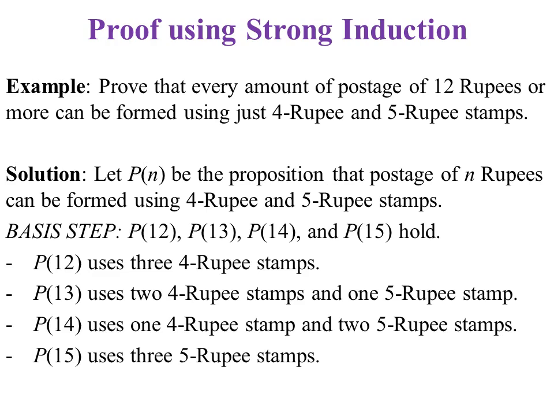Finally, 20 rupees you can form either using 4 5 rupee stamps or 5 4 rupee stamps. So these things will follow a pattern which will be useful for us further to prove certain things.